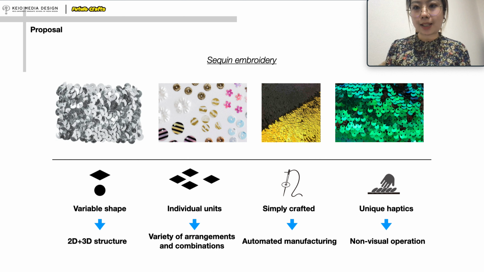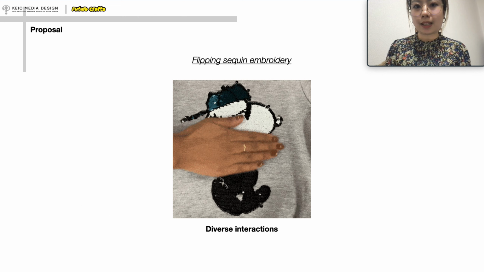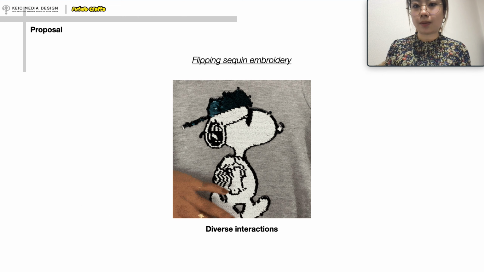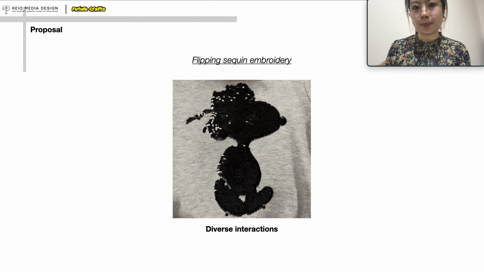By changing the size, shape, color, arrangement, and embroidery method, we can get various types of sequin textiles. It has a semi-dimensional structure, a simple embroidery method, and unique haptics, and also has interesting interactions such as flipping sequins.